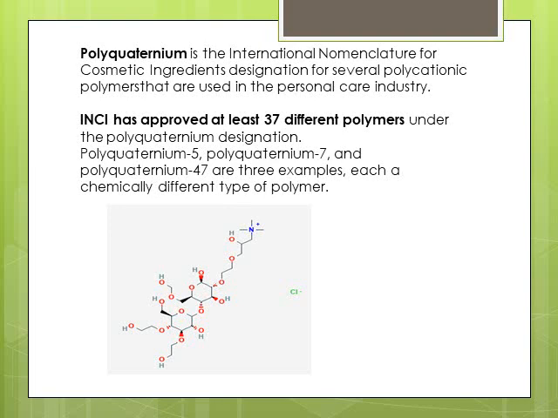Polyquaternium is a nomenclature given by INCI to at least 3 different types of polymers. And these polymers all share the positively charged amine group, but chemically they are all different. So Polyquaternium-5 and Polyquaternium-7 are completely different molecules, and it is different than, let's say, PEG 200.